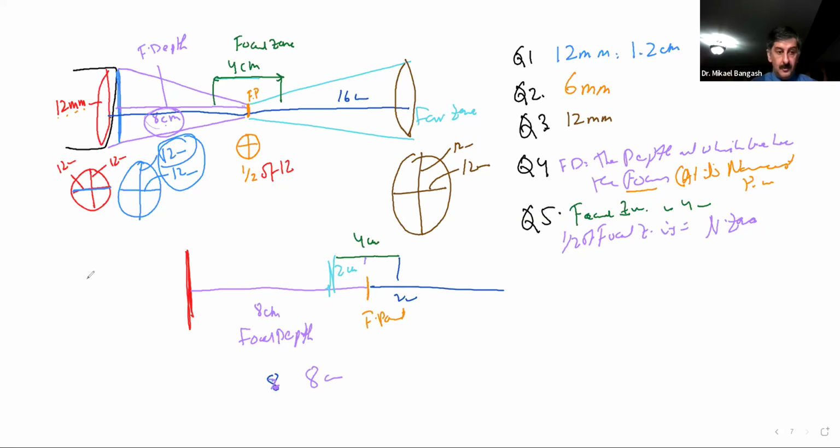The start of the focal zone is going to be at a depth of 8 subtracted by 2, so at a depth of 6 centimeters. Did you guys get that?